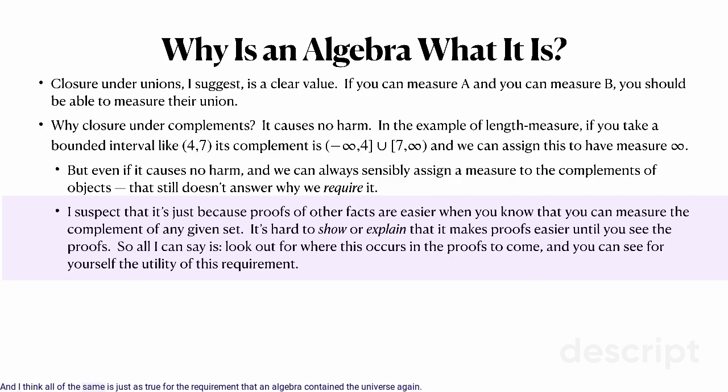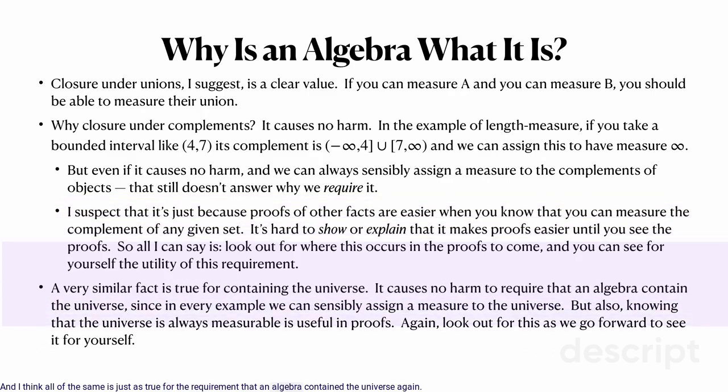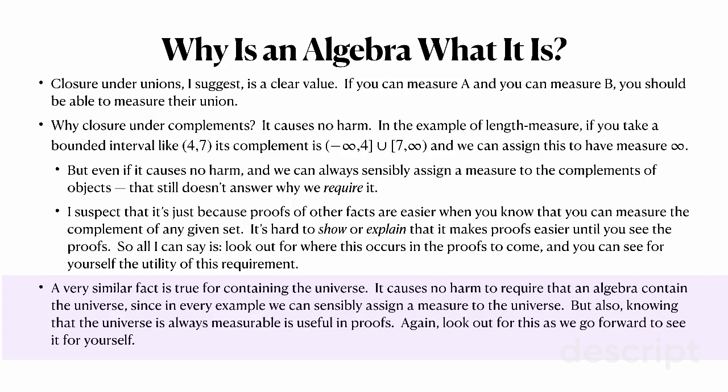And I think all of the same is just as true for the requirement that an algebra contain the universe. Again, it causes no harm. We can assign a measure to the universe in every example that we can think of. It seems somewhat intuitively correct, more or less. And it's very useful in proofs. And so look out for that as well in future proofs.